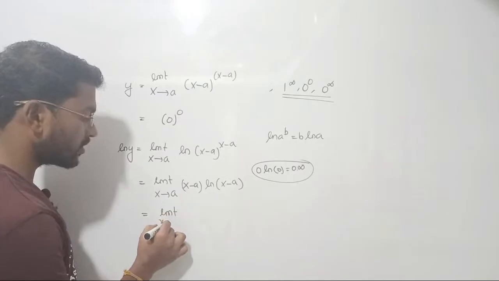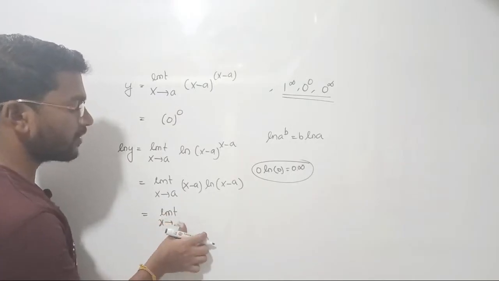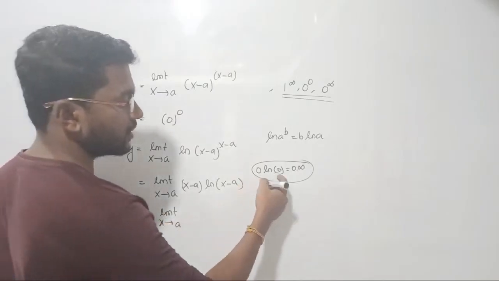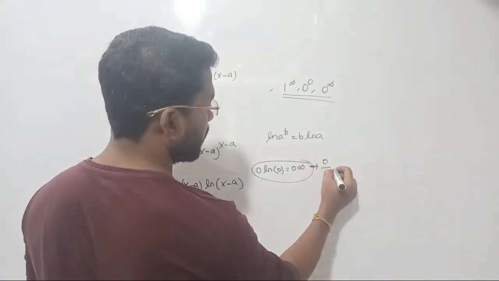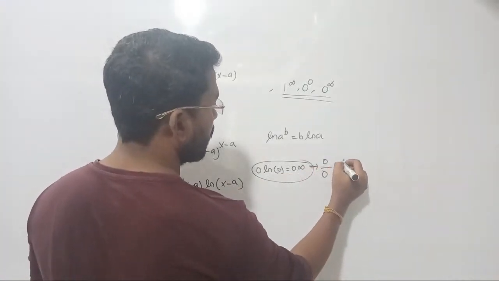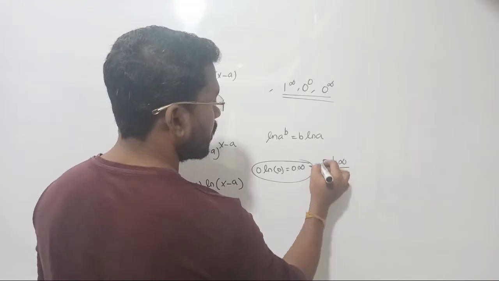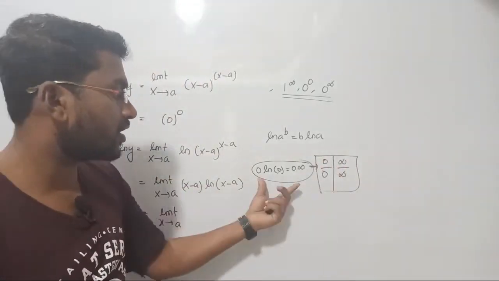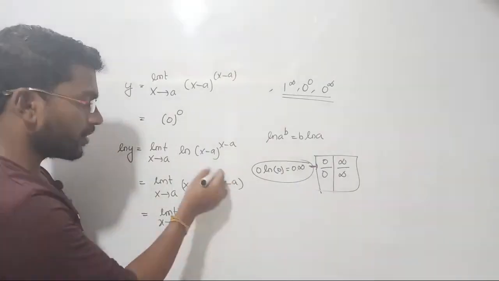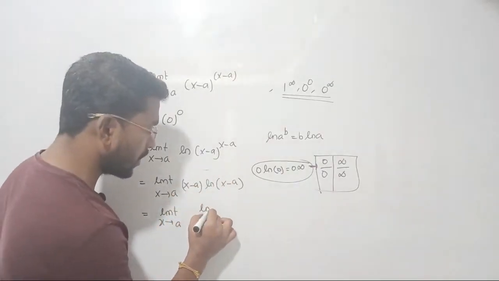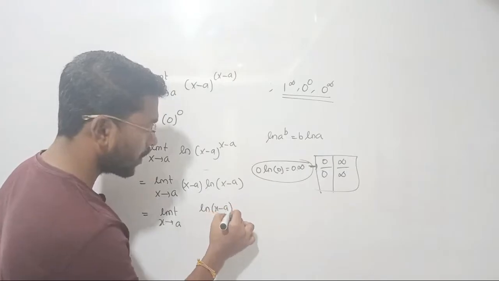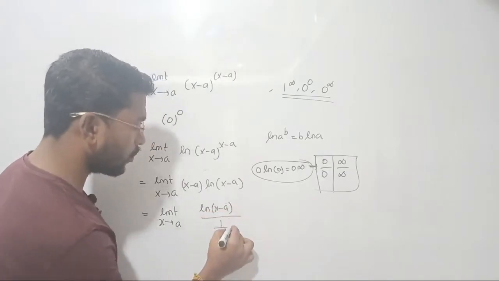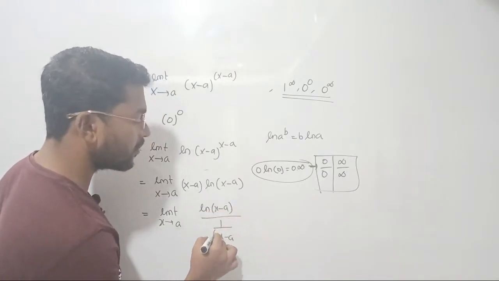Now in order to bring the solution for this function, first of all, guys, listen. When the function comes in the format 0 into infinity, first of all you should transform it into 0 by 0 form or infinity by infinity form. Everything we have seen until now would have been in these two formats, correct? So you should write it in this format. How can we write it? For that, let me write. We can write this function as ln of (x minus a) upon, in the denominator, 1 by (x minus a). Shall we write the format like this?